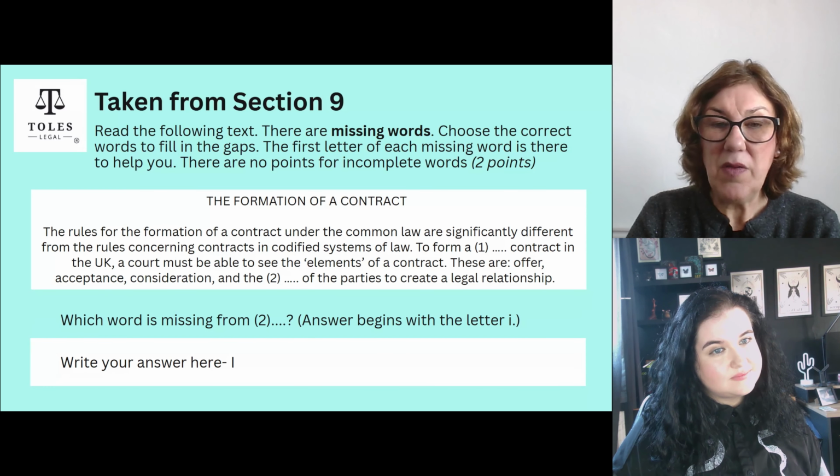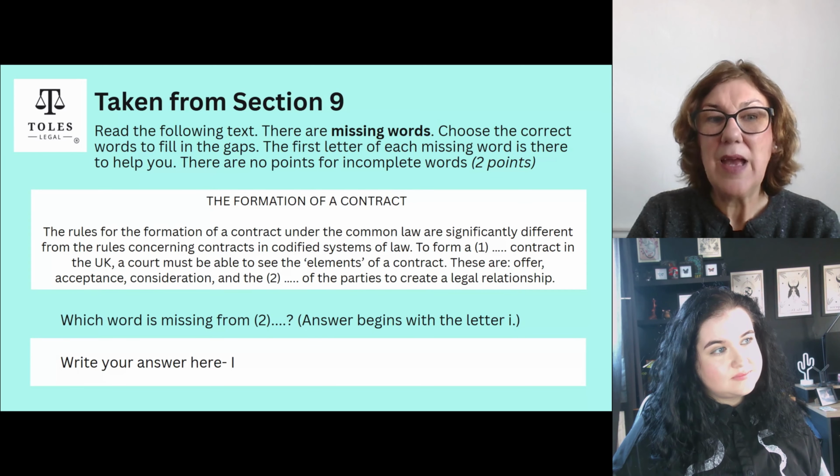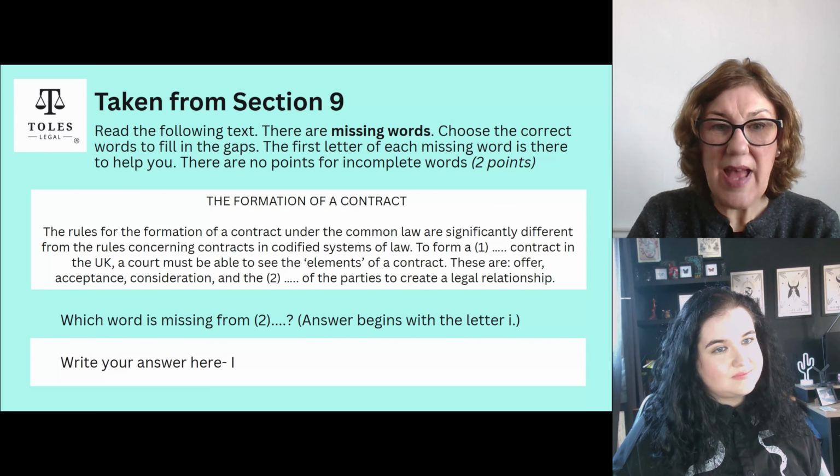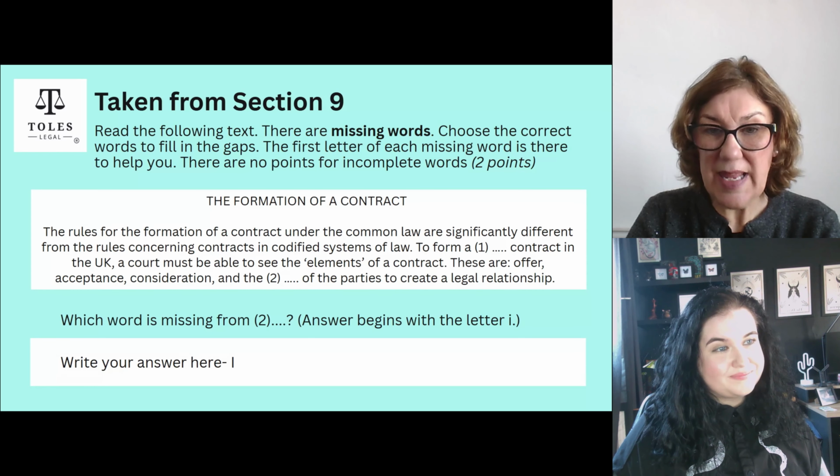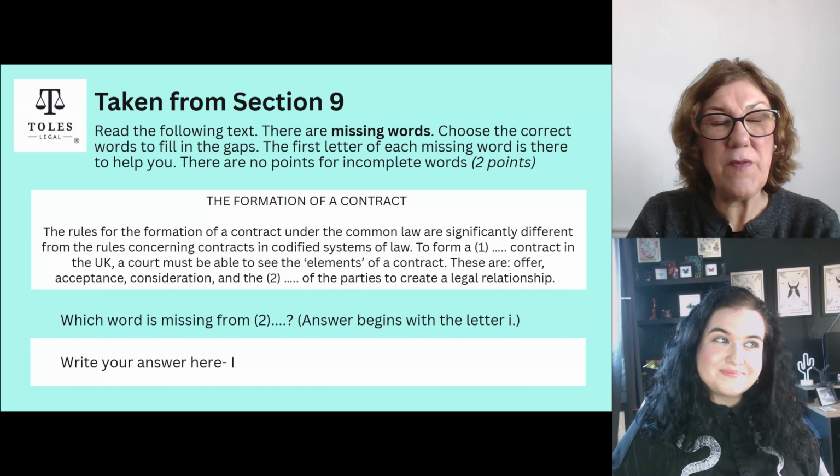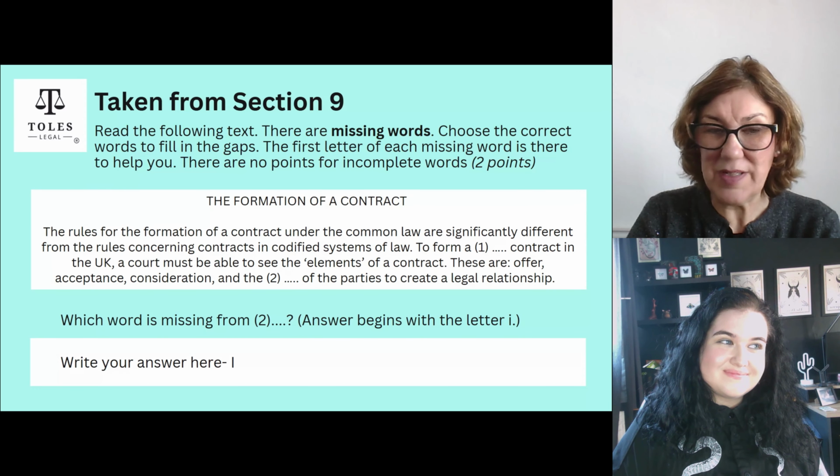In the common law, the elements of a contract are offer, acceptance, consideration, and the something of the parties to create a legal relationship. The word begins with I, and if you can tell us what it is in the test, you get 2 points.